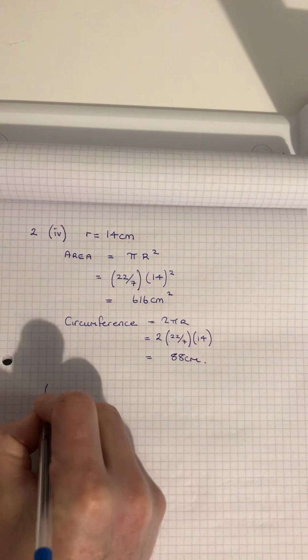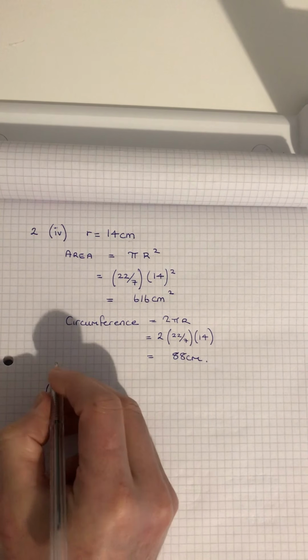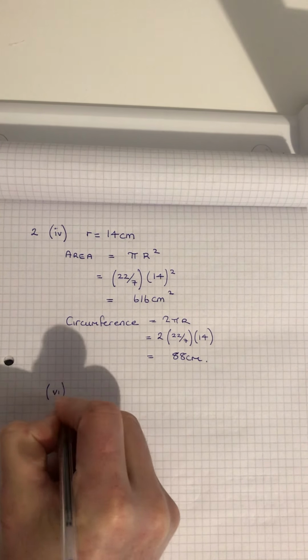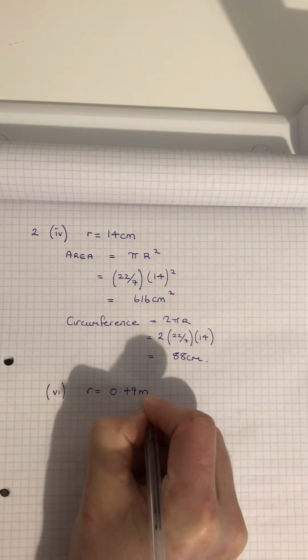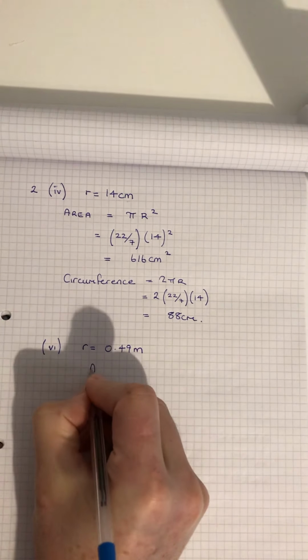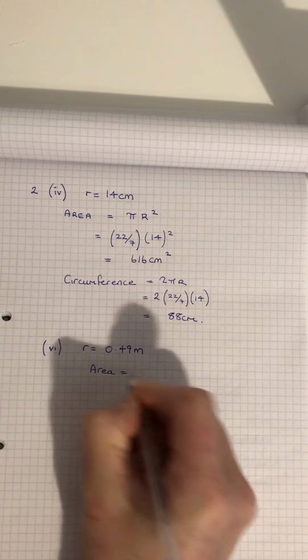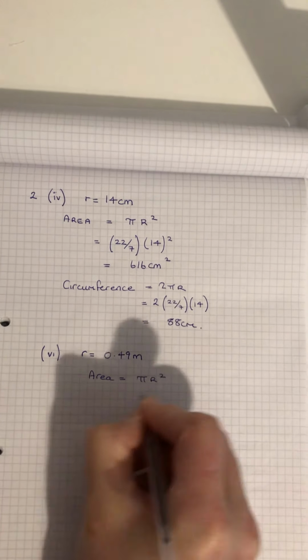And what about one that has a decimal? So we'll say part 6. Radius is equal to 0.49 meters. So again, we're going to find the area is equal to pi r squared.